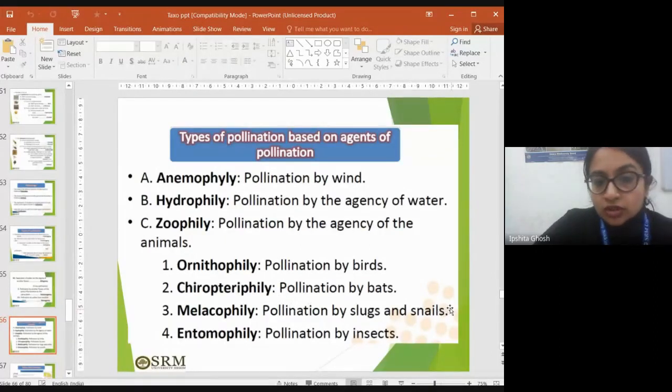Then what about pollination by snails or slugs? They are called malacophily, okay? And what about insects? Entomophily, right? So these are some of the terms which you can know for your knowledge, and the important terms can be remembered for exam purposes as well as for competitive exams, okay?